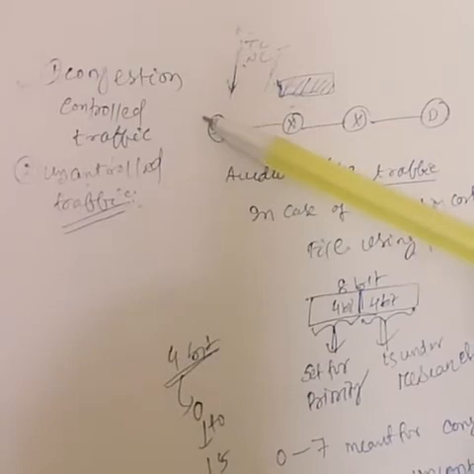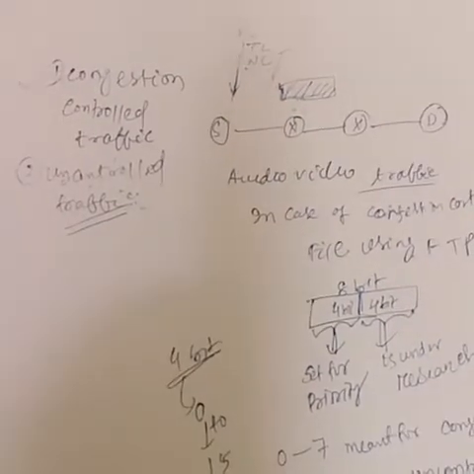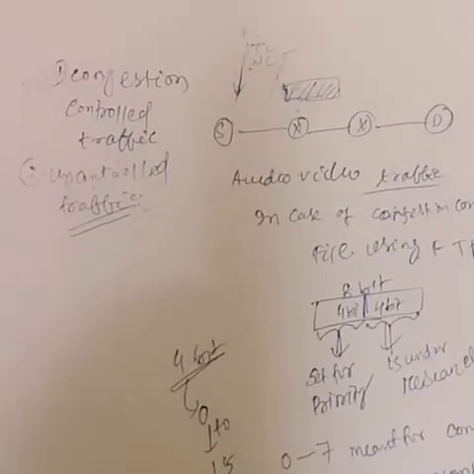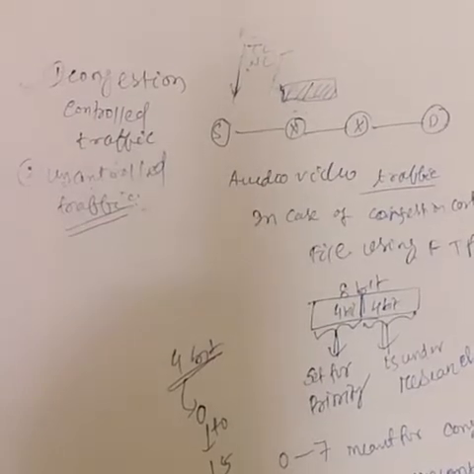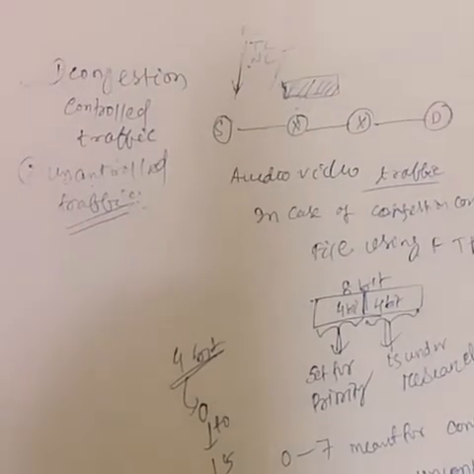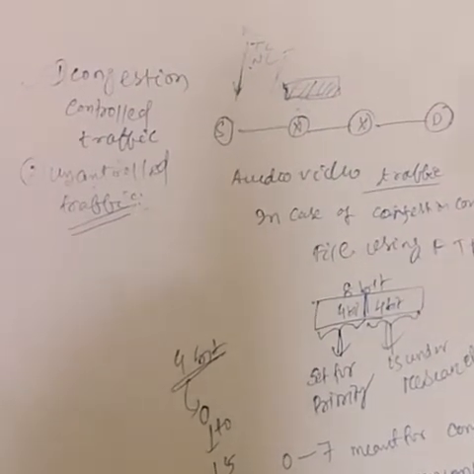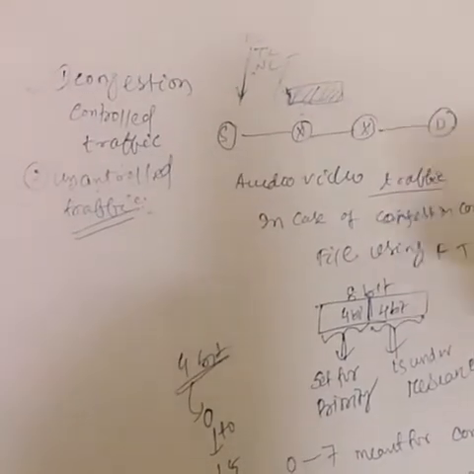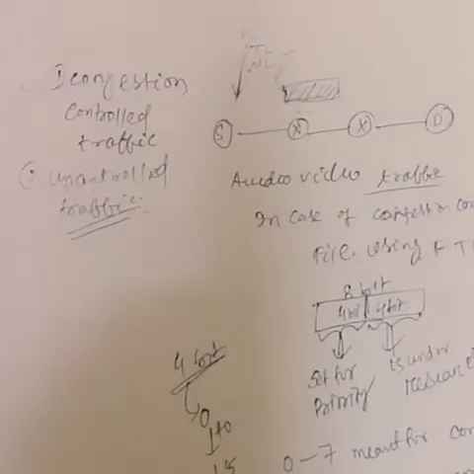Congestion control means it can understand the congestion. Uncontrolled means it cannot understand the congestion. So if there is congestion in the network and a packet is lost, then it has to be retransmitted, right?